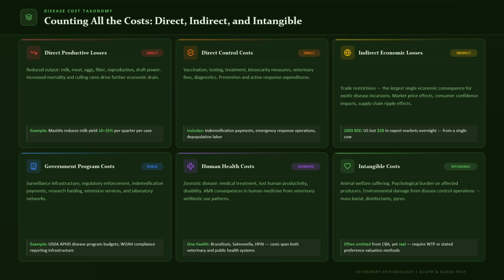Beyond the farm, governments carry surveillance and indemnification costs, and zoonotic diseases add human health costs. Finally, the intangibles: animal suffering, producer stress, environmental harm. They're real, they're often left out of the math, and the exam wants you to remember them.